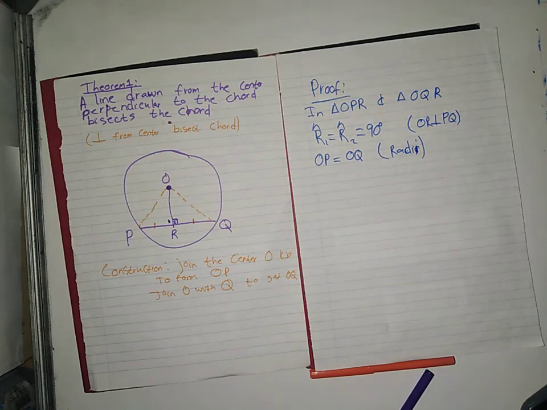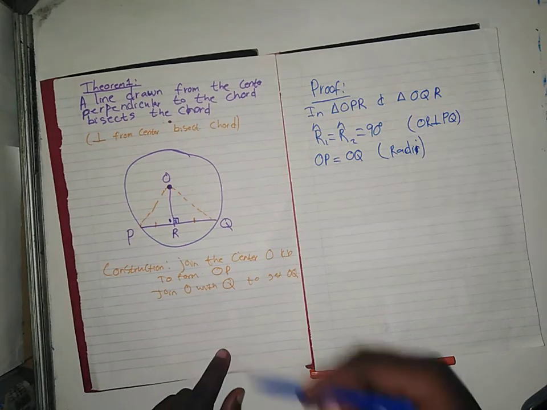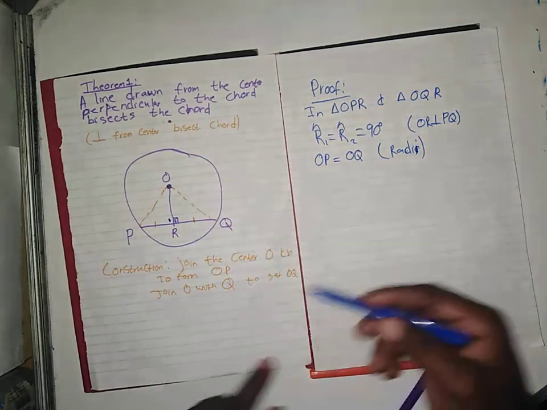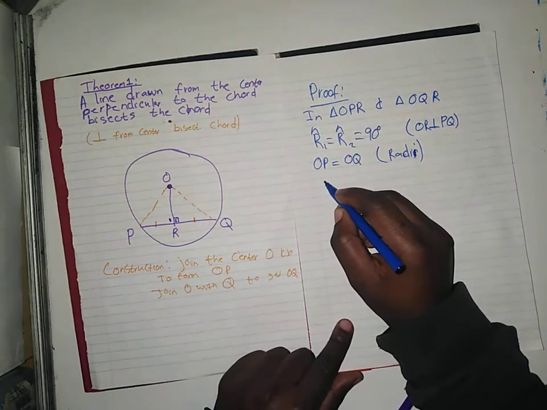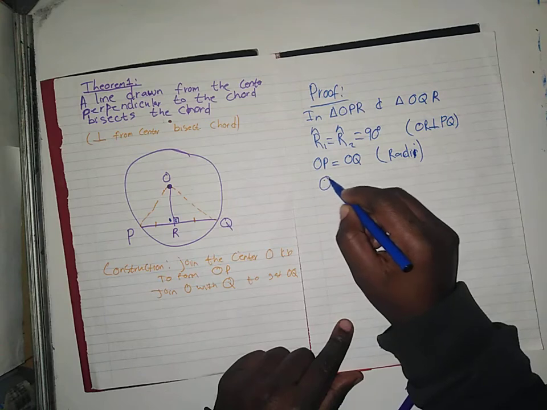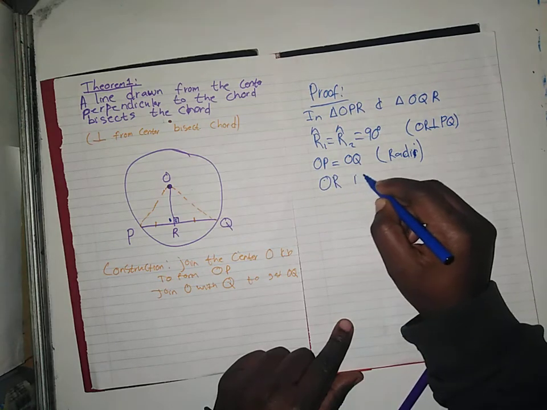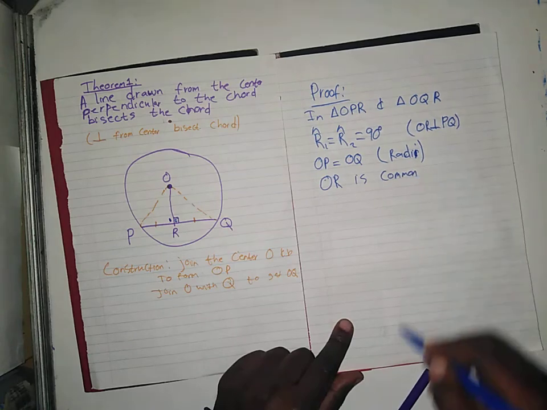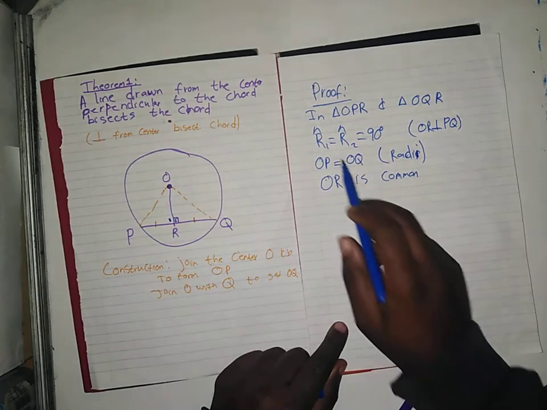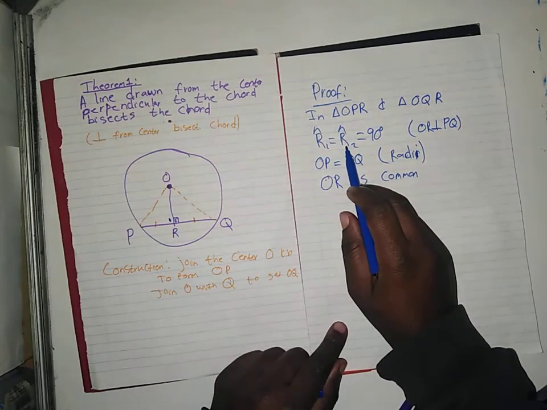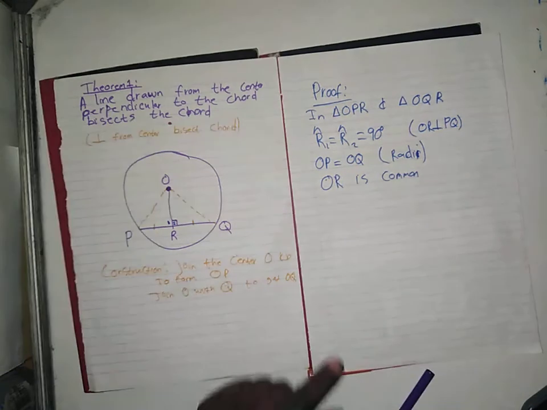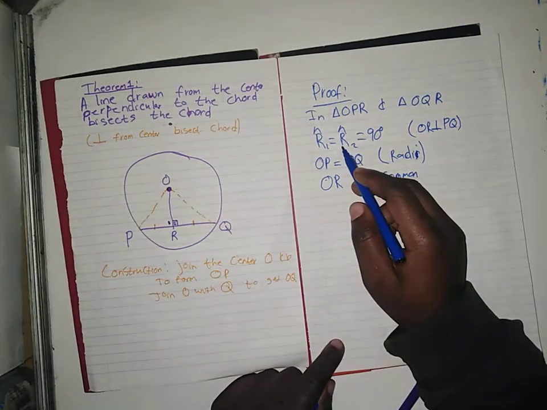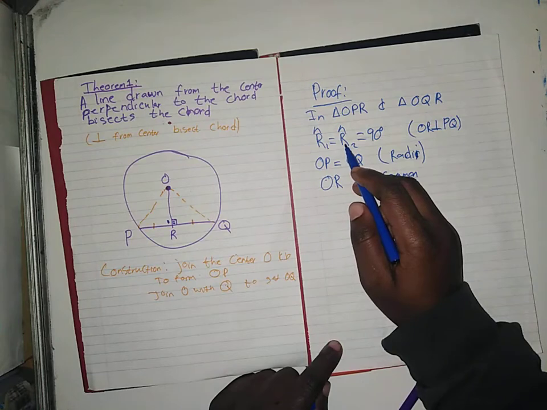And then lastly, they are sharing this line. Can you see? OR is what? Is common. Okay, so you've shown an angle and side and then a side, but this is not just any angle, it's a 90-degree angle.